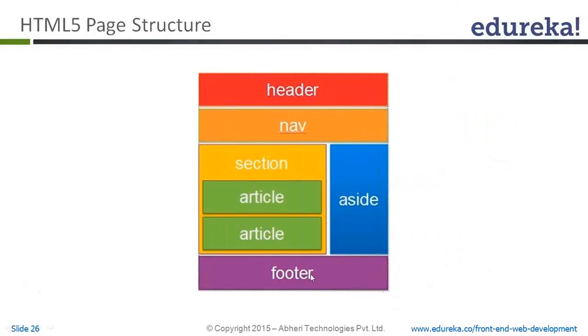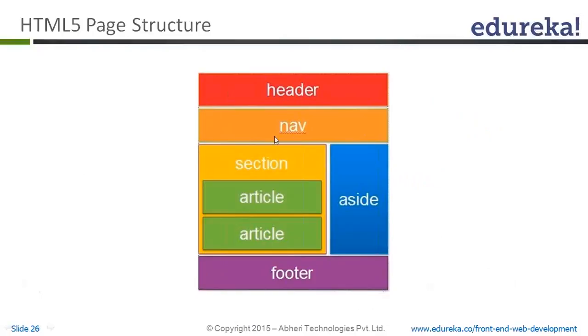At the bottom, in purple, you see the footer. Web designers generally put a copyright notice, or menu items, for example, connect through Facebook, connect through Twitter, and so on. Such icons they might wish to put in the footer.